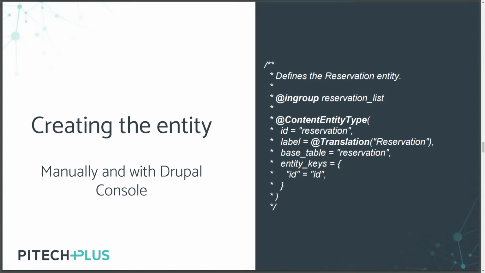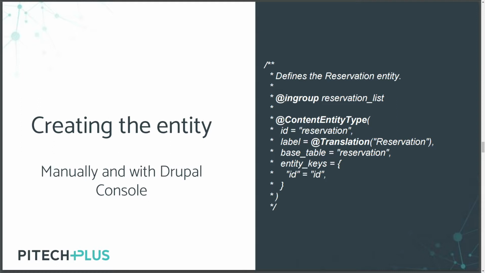The last key, entity keys, is a more special key in the annotation. It's used in multiple places. Drupal sometimes defines some structures which it uses for metadata definition, and it checks for the existence of those in several places.